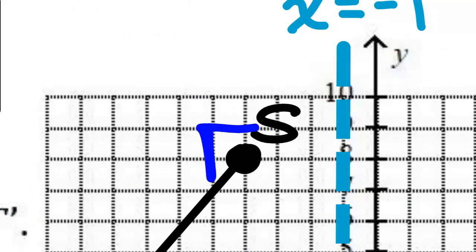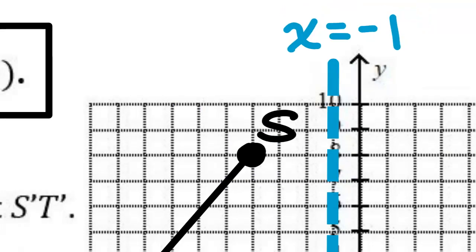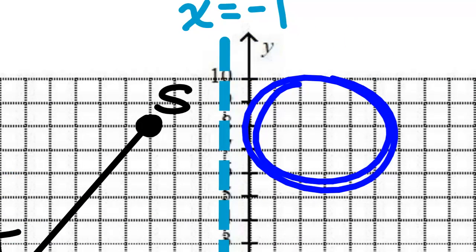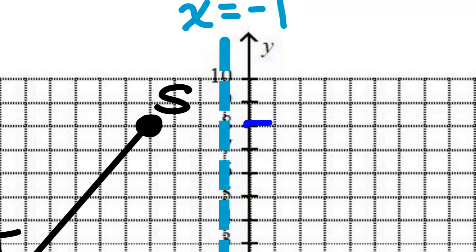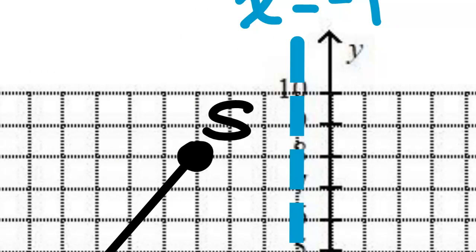So like point S right here, that's at -4, 8. I'm going to make a mirror image on the other side over here, so I need to figure out how far away from this line to go on the other side. So I figure out how far point S is from that line. How many hops would it take me to get from S over to that line? 3.